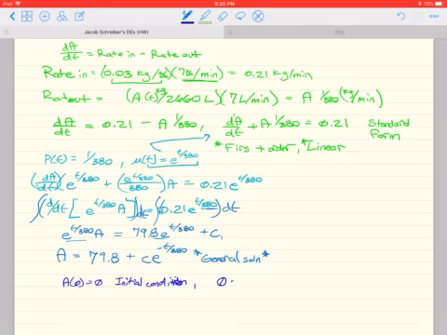Anyway, 0 equals 79.8 plus C e to the 0, and anything to the 0 is just 1. So we have C on the right side. I wrote in a plus, I think, on accident. Whoops. Oh, no, that's right. So, yeah, C is equal to negative 79.8.